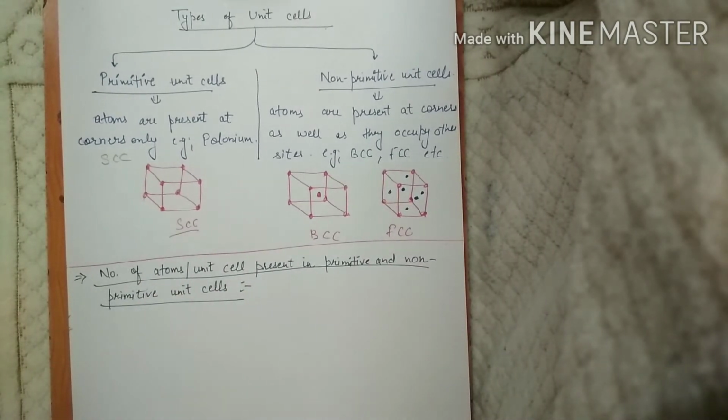So this is our next topic. Here we are going to discuss how many atoms in total will be present per unit cell in different types of unit cells.